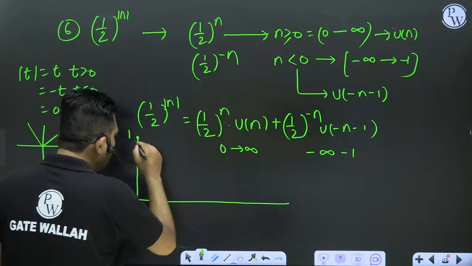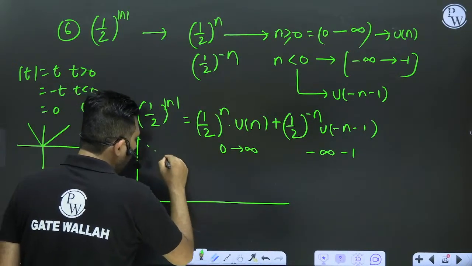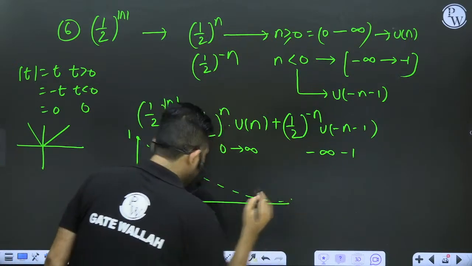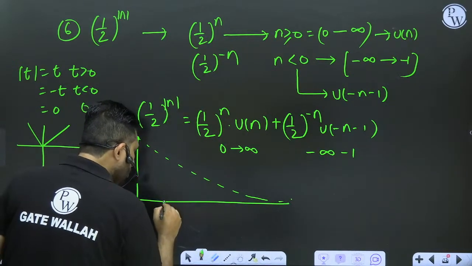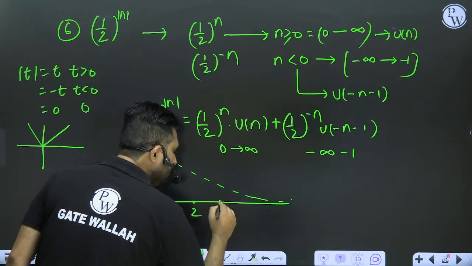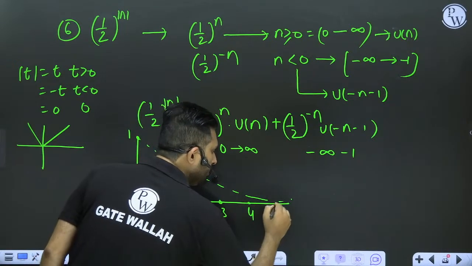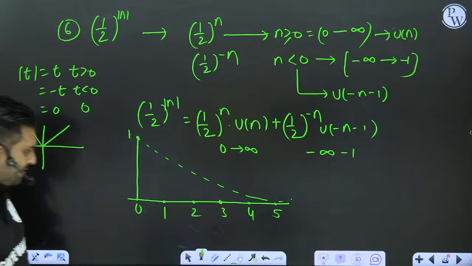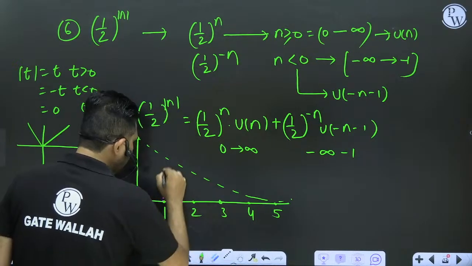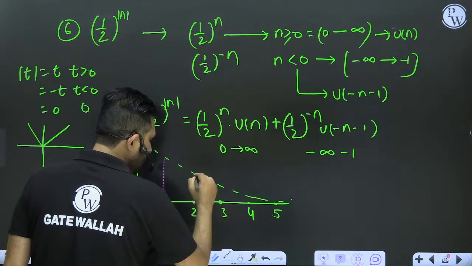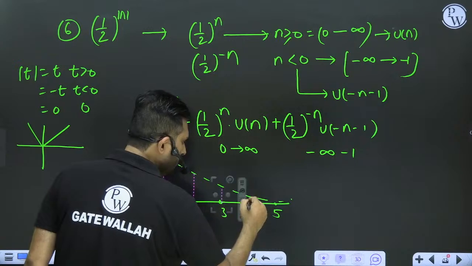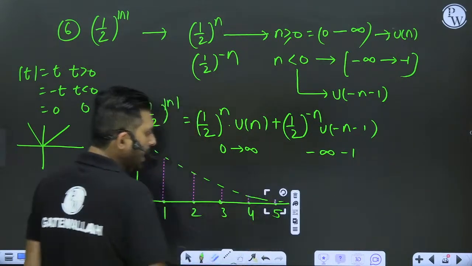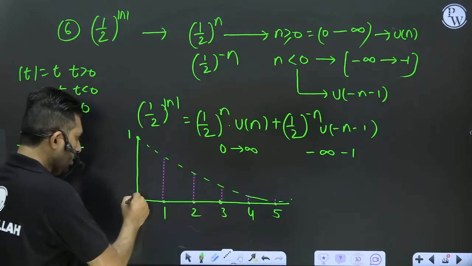Don't you think that at n equal to 0 this is 1, this is 2, this is 3, this is 4, this is 5, and hence you will get this kind of function, like this. Here also.